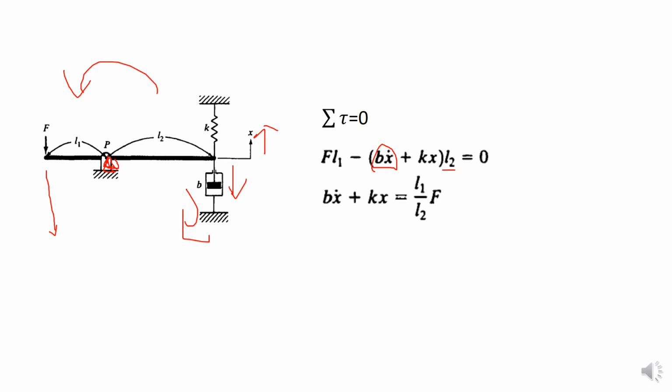And the K, when we compress the spring, it will also generate a force going down, so it will also generate a negative force. Multiplied by the moment arm L2, we get K x L2, which should equal 0. So our equation will be B x dot plus K x equals L1 over L2 multiplied by F.